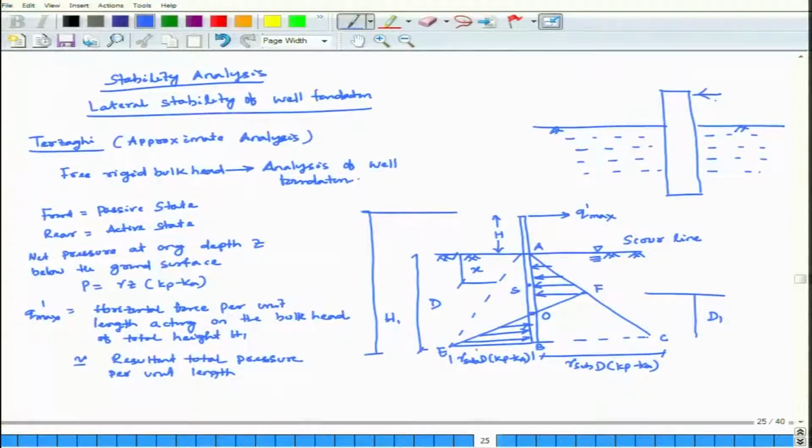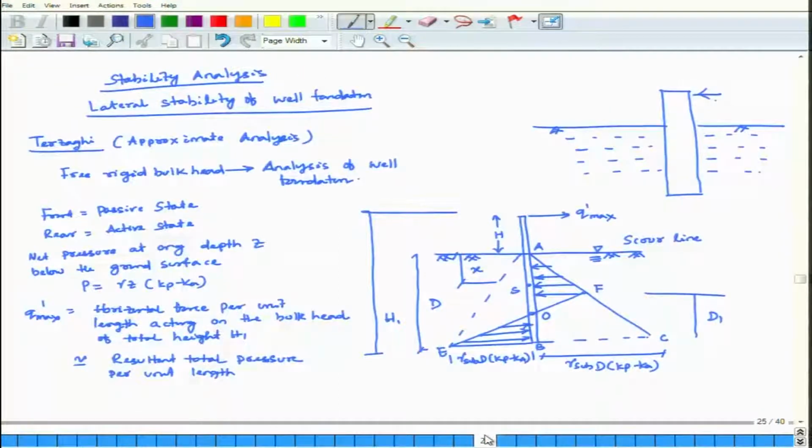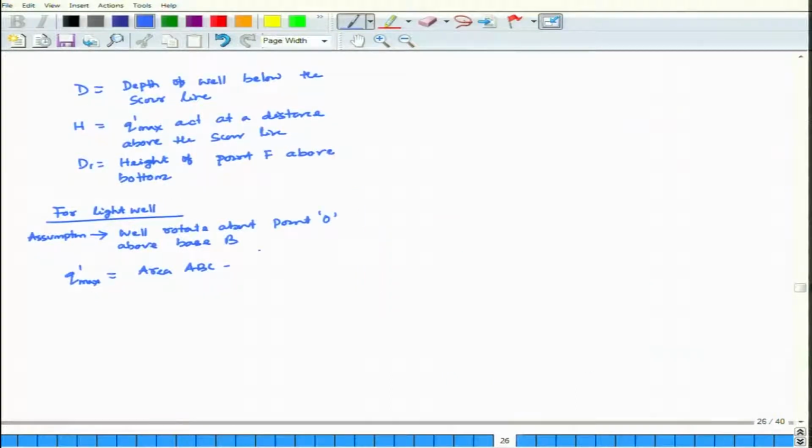Looking at this free body diagram, Q maximum prime is equal to area ABC minus area FEC, which is equal to half gamma submerged d square (Kp minus Ka) minus half gamma submerged d (Kp minus Ka) into D1.